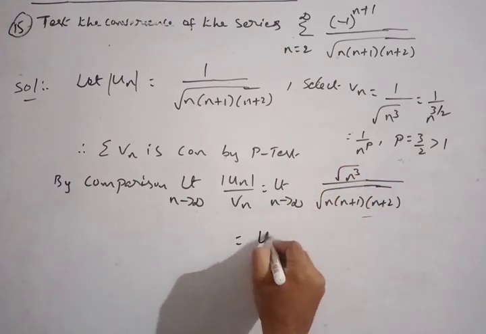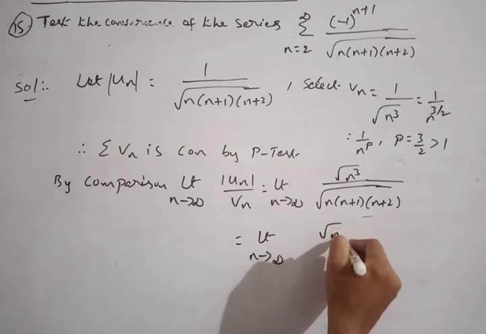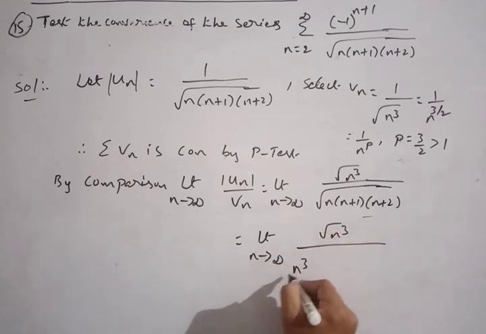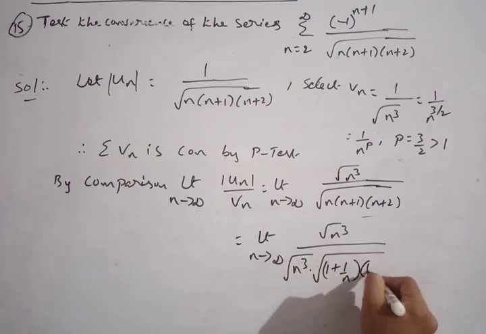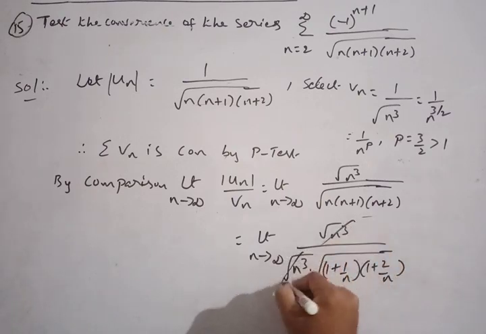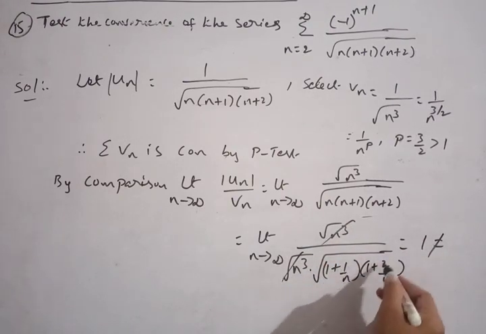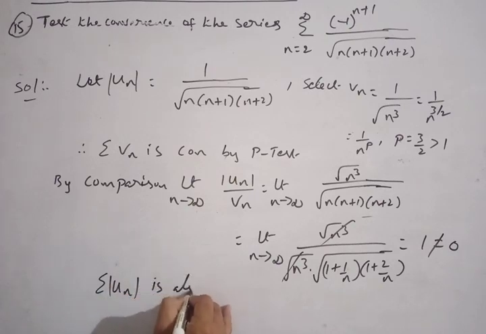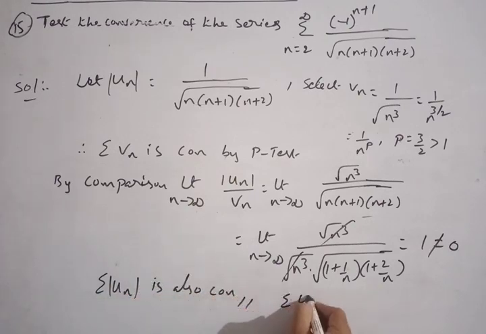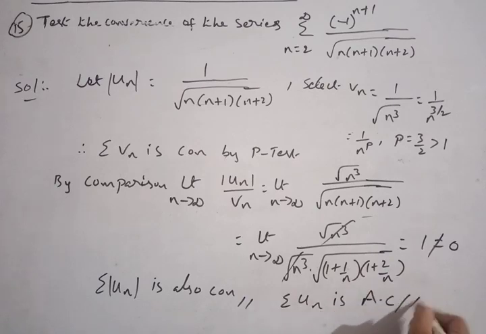Take n common: root n cube is common, and what is left is 1 plus 1 by n, 1 plus 2 by n. So root n cube will cancel. Applying infinity, 1 by infinity is 0, so we get 1 into 1, which is 1, not equal to 0. So sigma mod u_n is also convergent. Therefore sigma u_n is absolutely convergent. Like this you need to solve this problem.